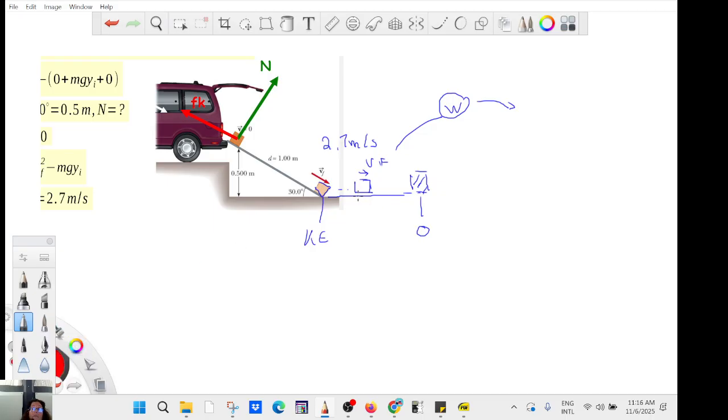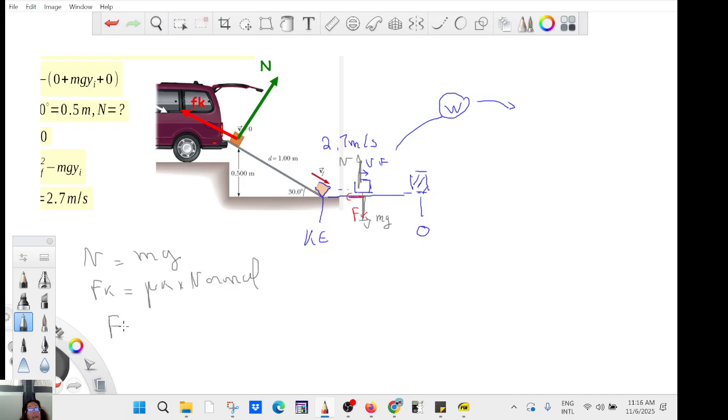So now we have kinetic friction here. If you do your free body diagram, you have the normal force, which is up, and the weight, which is down. So the normal force equals mg. The kinetic friction is the coefficient times the normal force.